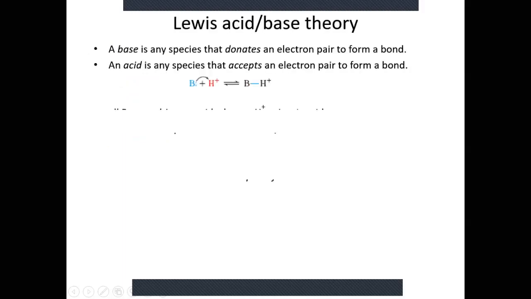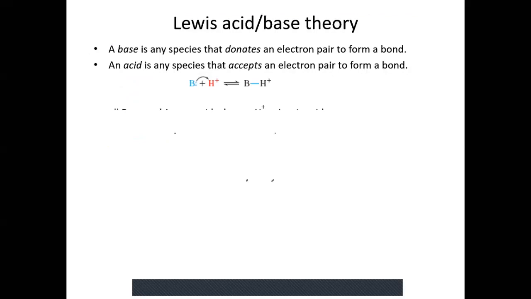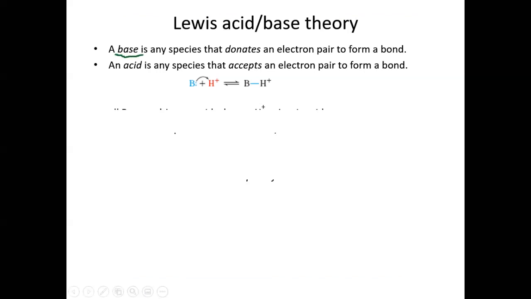So another acid-base theory we want to talk about, and this is probably the more important one, is Lewis acid-base theory. Lewis acid-base theory depends on electrons. And so a base is any species that donates an electron pair to form a bond.